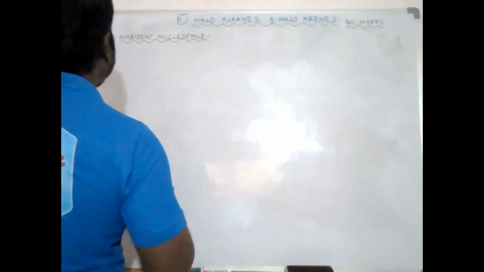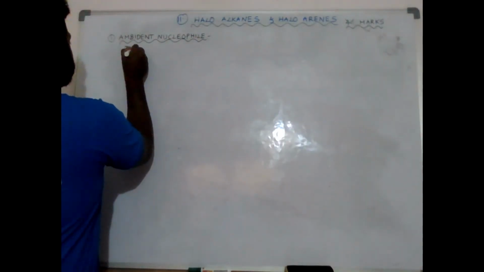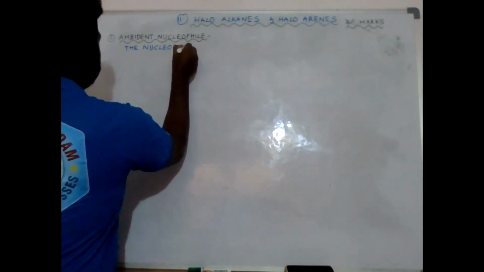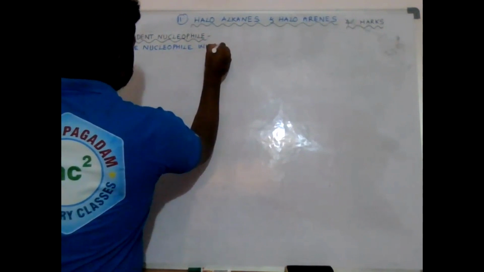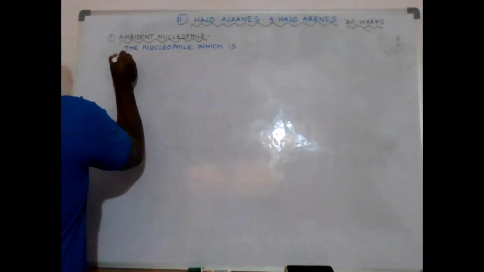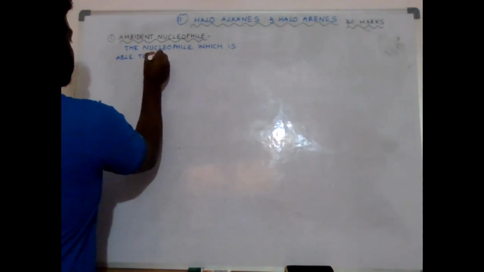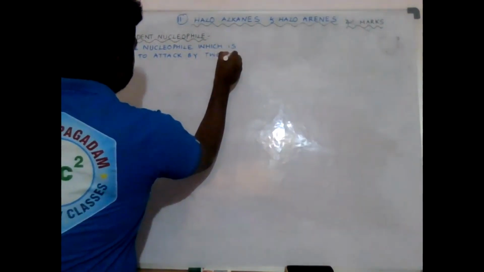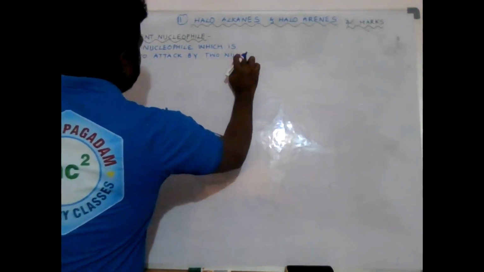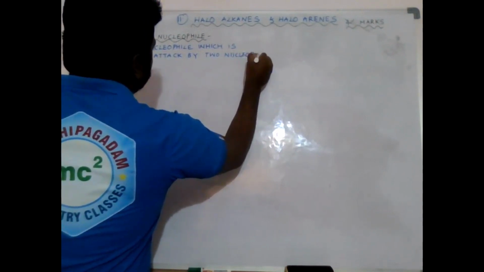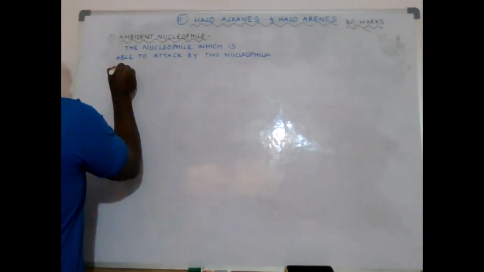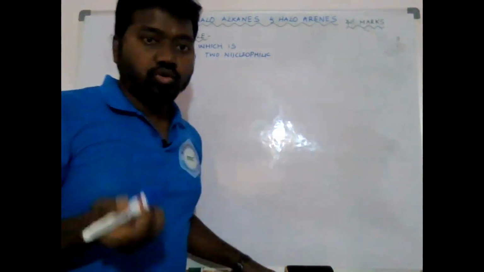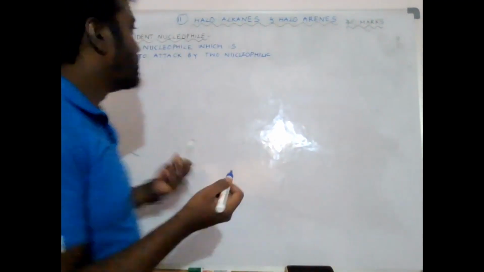So let's go to that. We are discussing the ambident nucleophile: the nucleophile which is able to attack by 2 nucleophilic sites or centers. It may contain 2 or more also, but minimum 2 nucleophilic sites.